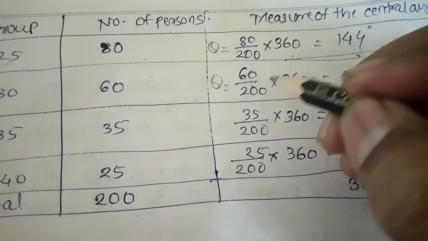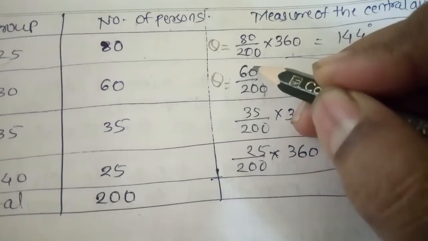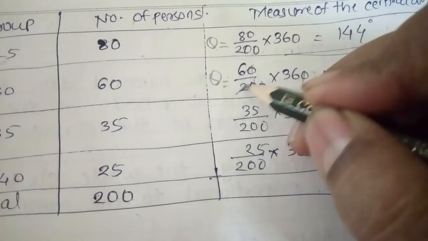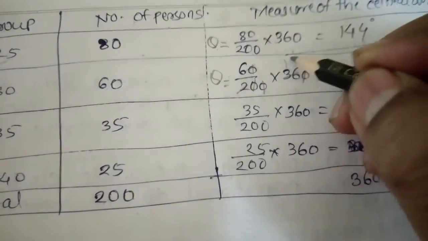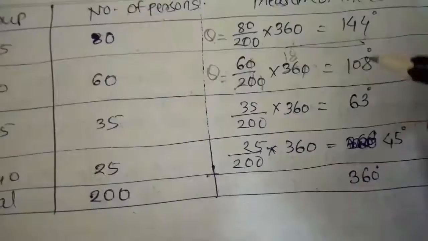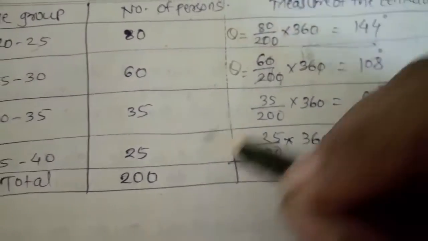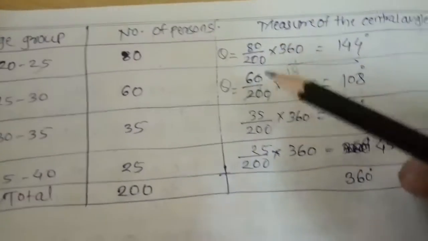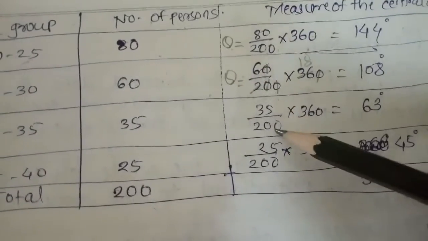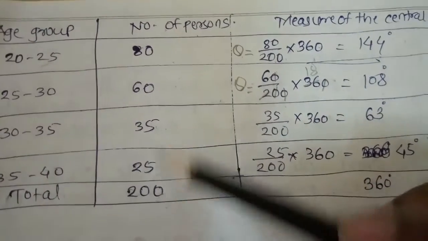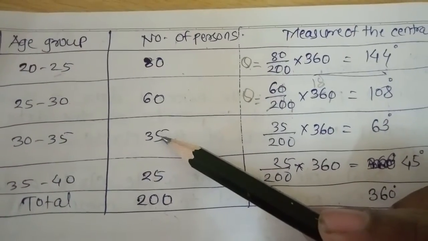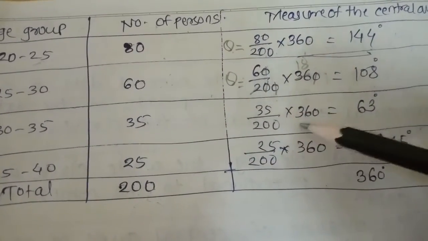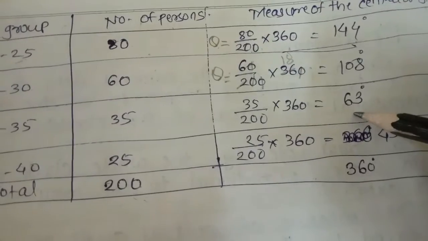By solving this, we cancel this 0 with this 0, again this 0 with this one. 2 18s are 36 and 18 into 6, so we get 108. Similarly for the third one, the denominator is 200, and out of this 200 the number of persons in the group 30 to 35 is 35. So 35 upon 200 into 360.